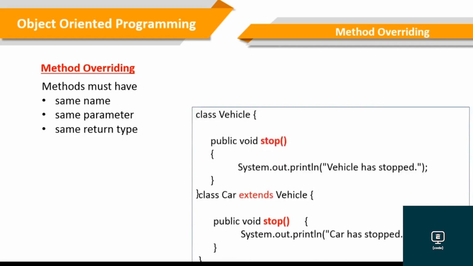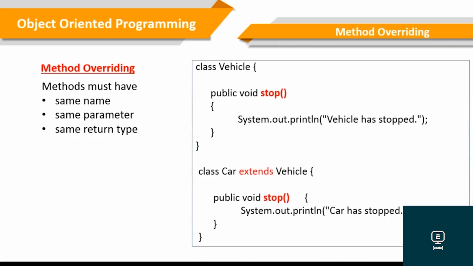So let's just do a simple example to understand it better. Let's say we have two classes: a superclass Vehicle and a subclass Car. The Car class extends the Vehicle class. Both classes have a common method, void stop.